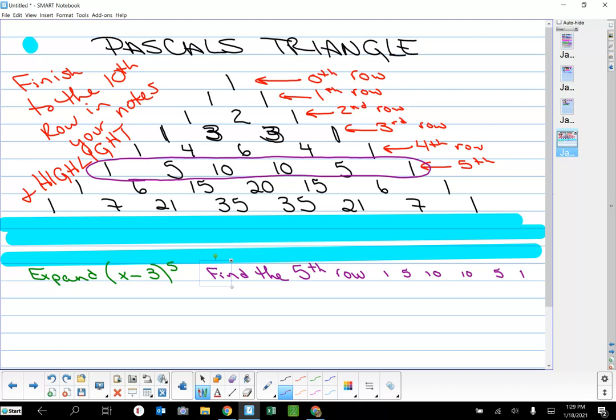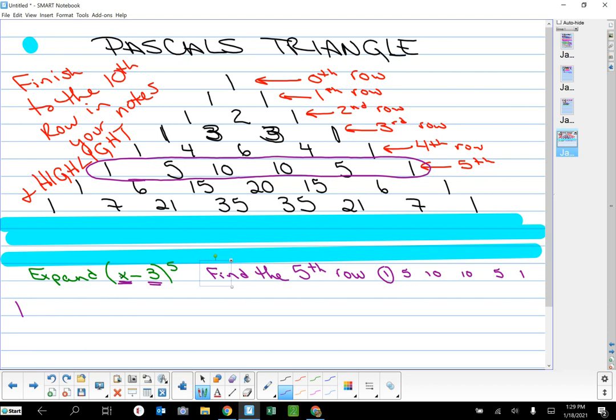Now this is my A and this is my B. So here's how I'm going to make this work. I'll try to change color. My first coefficient on the first term is going to be 1.